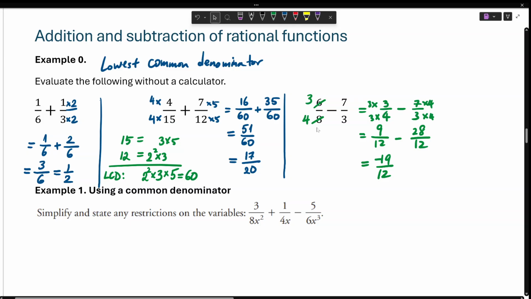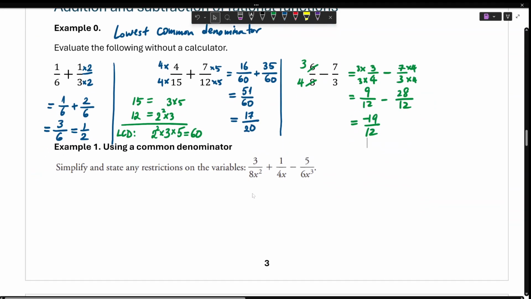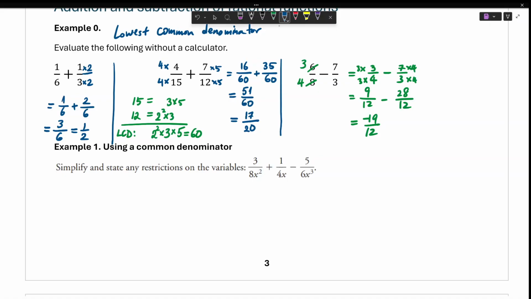Okay, so let's use the same ideas for rational functions. So example 1, we have 3 over 8x squared plus 1 over 4x minus 5 over 6x cubed. First, let's notice restrictions. The denominators can't be 0.